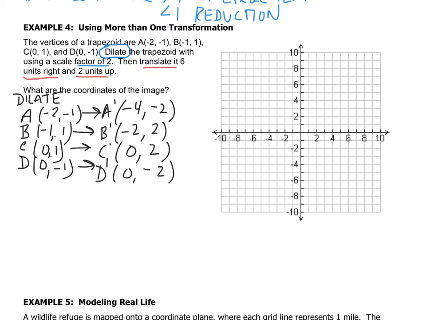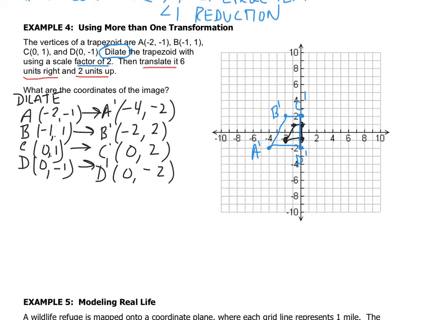So let's first, just so we don't lose what we're doing here, pause the video, plot the original trapezoid, and plot the dilated one, just so we can talk about that. So hopefully you have this picture. Now I will say I don't have the black original shape labeled correctly, but with my stylus it's not able to make it as clear and clean without making it too messy, so I didn't do it.